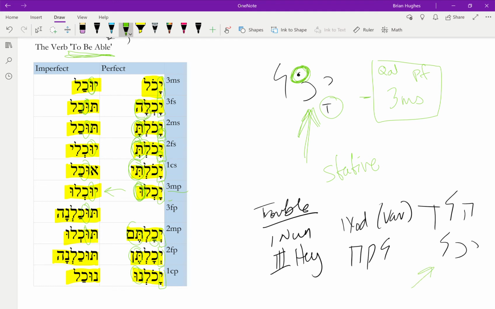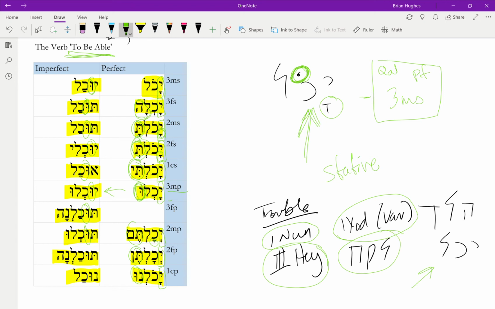But I think adding it to our list of trouble children is useful. For example, first noon, we're looking for an assimilated noon, a strong dagesh, a third hey. We're just looking for either a consonant that's disappeared or a yod that's come up, or a segol in the imperfect. Our first yod vav, we're looking for seres all over the place, as somebody said in our last online session.